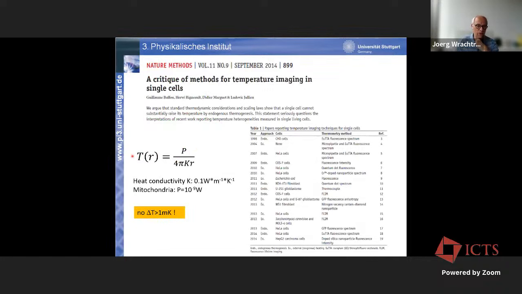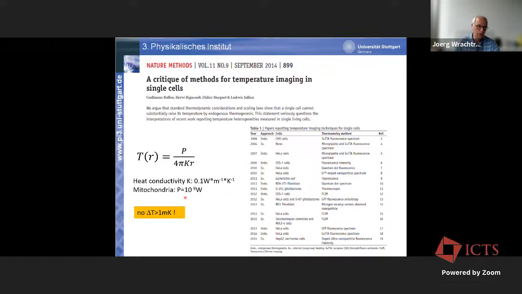If you want to measure a temperature profile, T of R, where R is the distance to a heat source, then you expect the temperature to decrease by 1 over R, right? This is the specifics of the heat field. It should be proportional to the heat conductivity, and the temperature should, of course, be proportional to the power being generated by your local heat source.